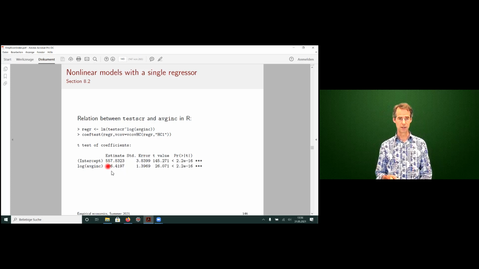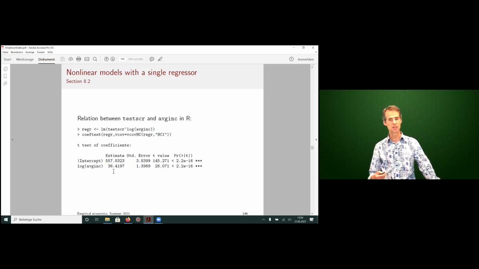So the slope coefficient for the log average income is 36, which means that an increase of 1% of average income will result in 0.36 more points in the test score.